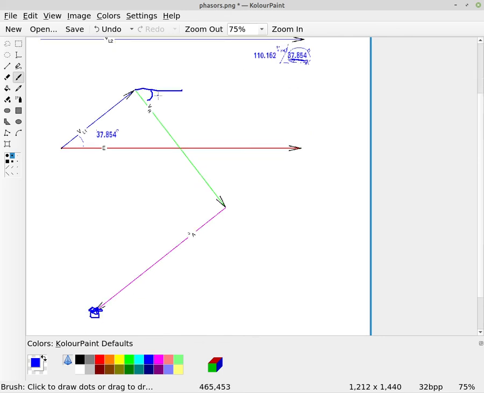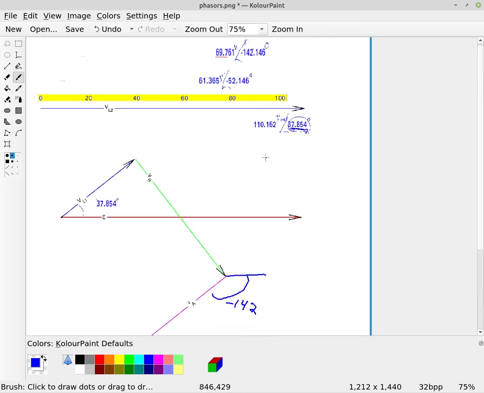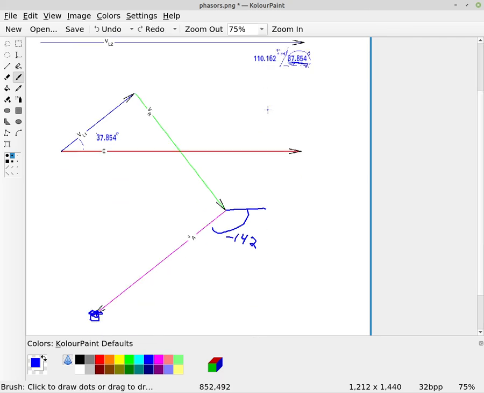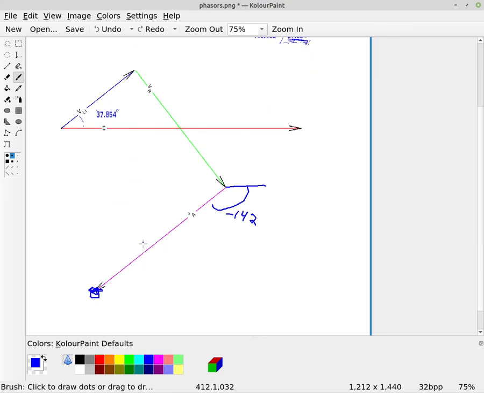So that was minus 52 degrees there. And then this angle right here is minus 142 degrees. Okay, minus 142 degrees there. All right, so now let me undo that so I clean up.